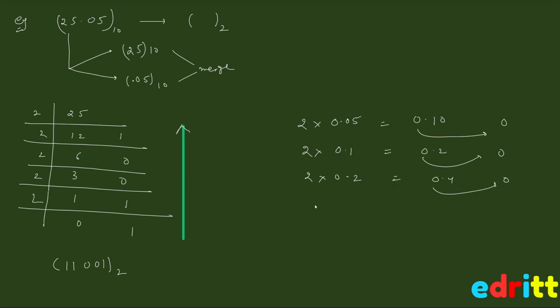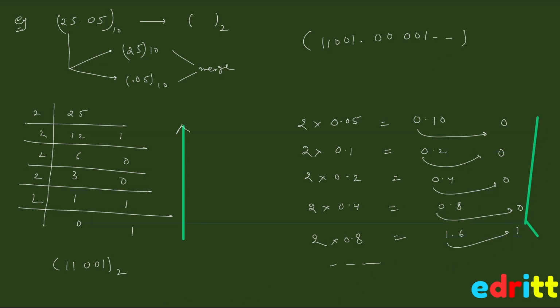I'll take the 0 out. I'll multiply 0.4 with 2, I'll get 0.8. Again, I'll take the 0 out. I'll multiply 0.8 with 2 and get 1.6. I'll again take this 1 out, and it will go on like so. So the final number will be 11001.00001 and so on. So we'll read downward in this case.